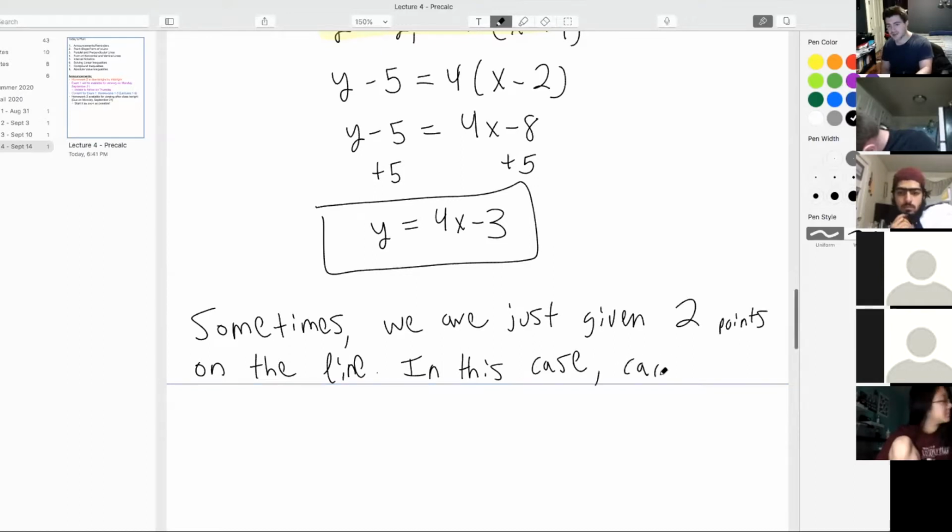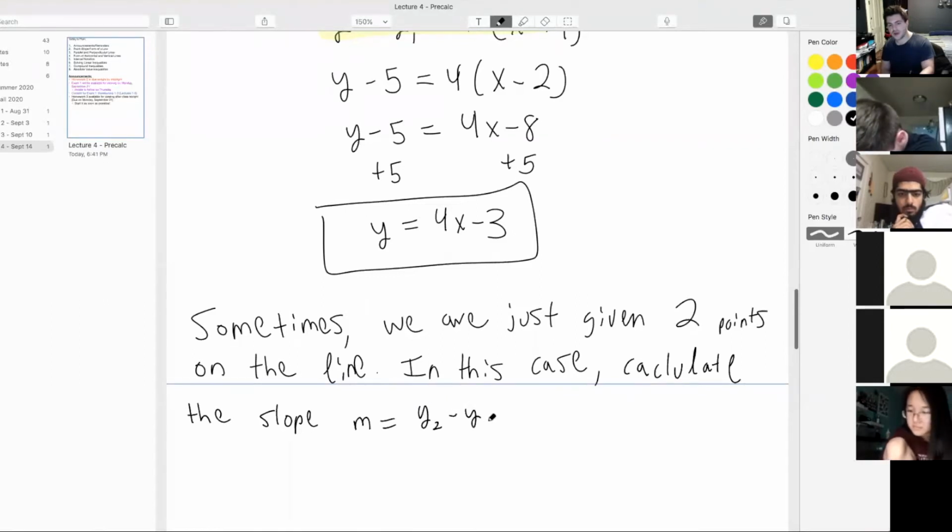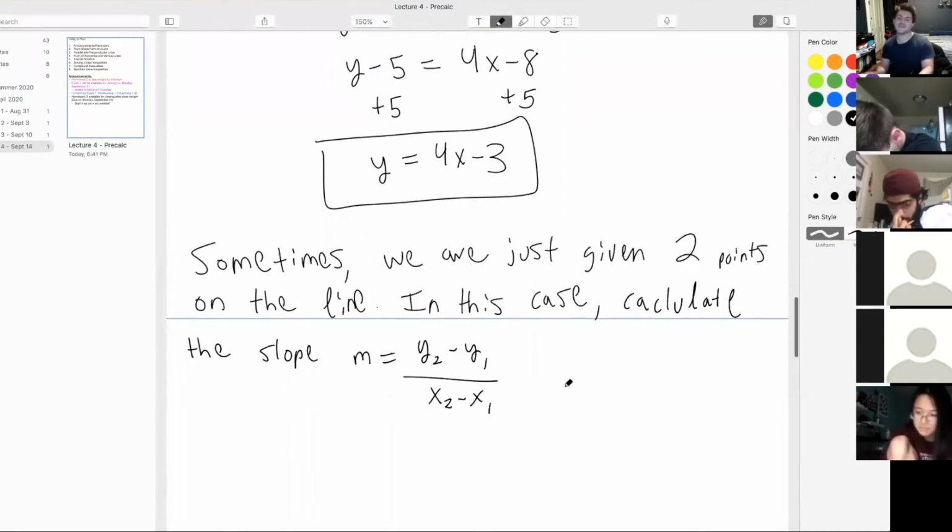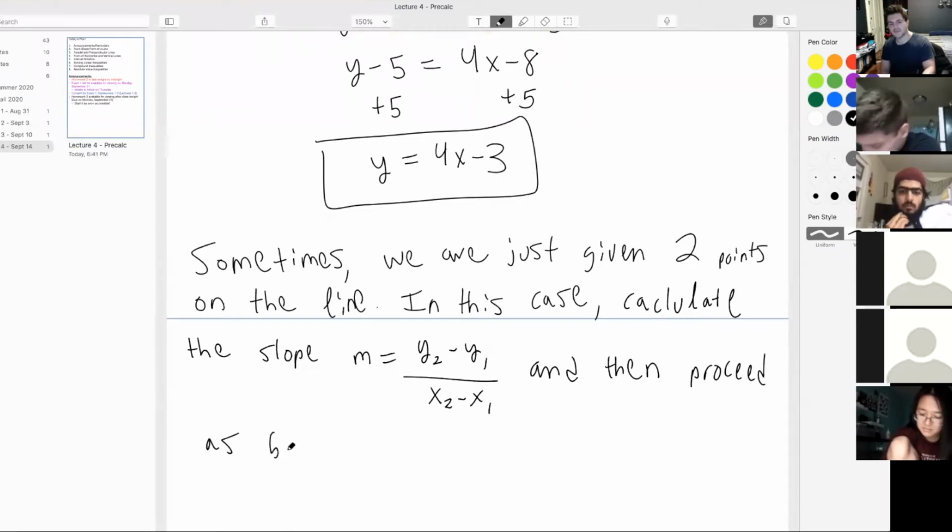You just need to calculate the slope using our slope formula. So you do y2 minus y1 divided by x2 minus x1, and then proceed as before. All right, so it's just one extra step, and then proceed as before.